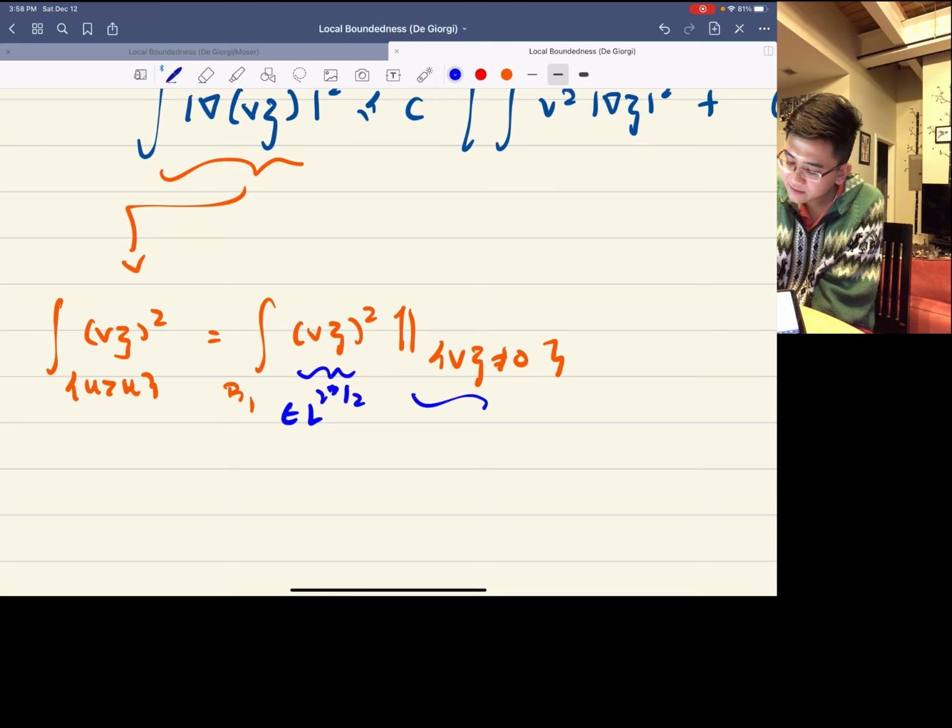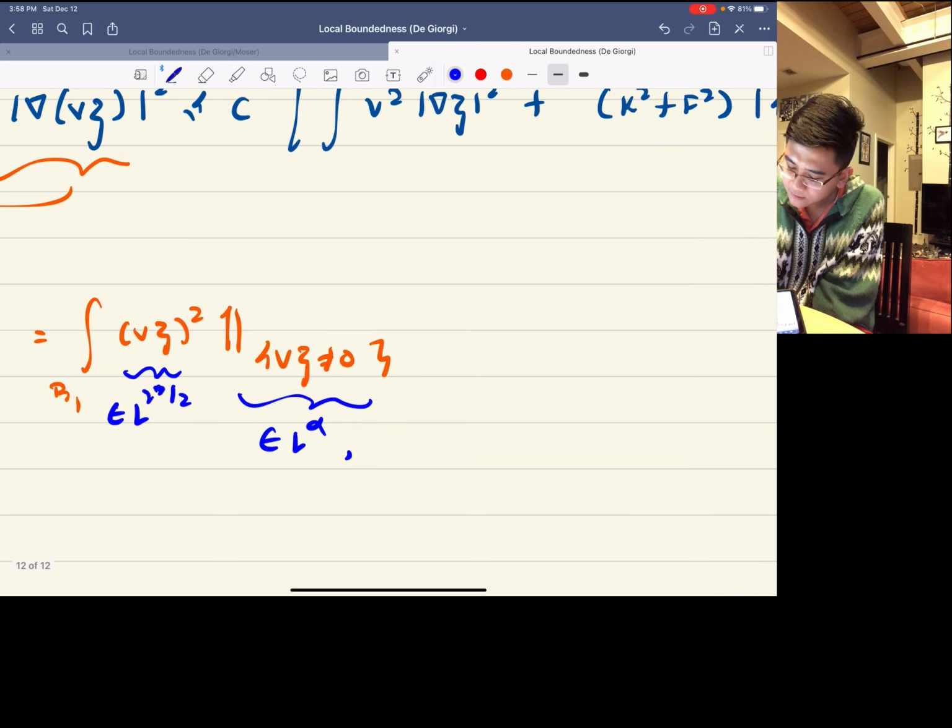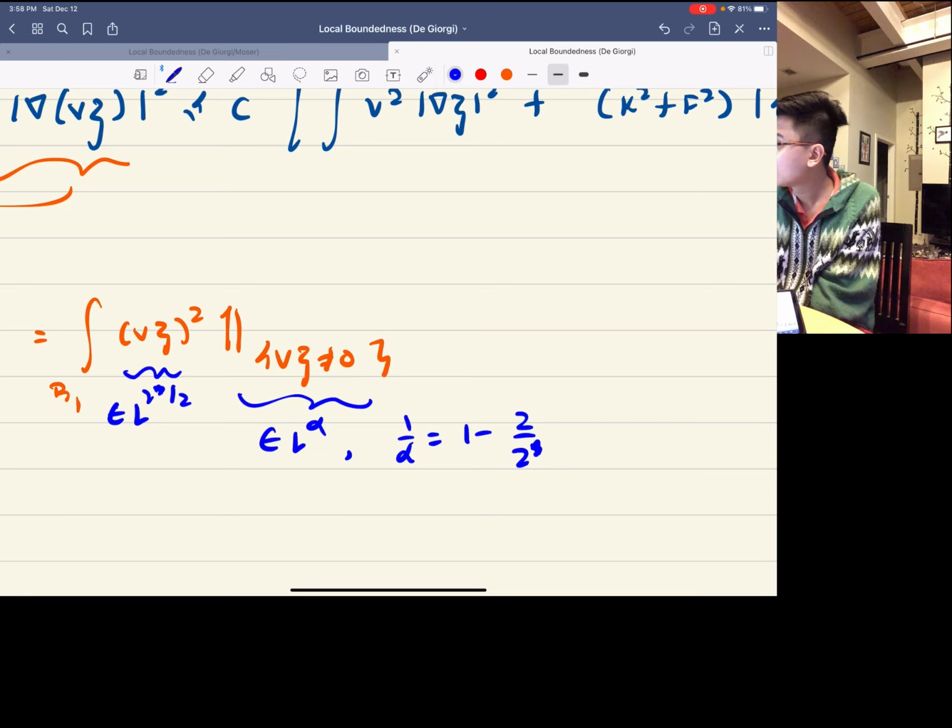So this now gets alpha, where 1 over alpha is 1 minus 2 over 2 star, which is just 2 over n.